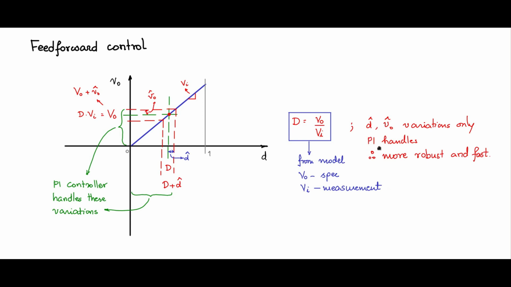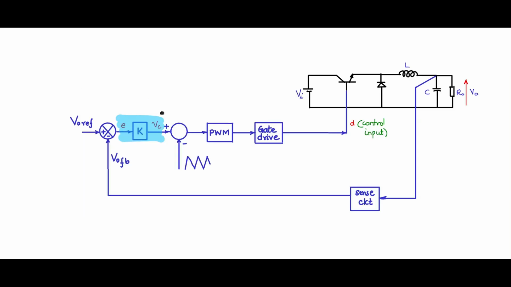So let us see how we include this feed forward term into our control. Let us now incorporate the feed forward part of the controller into this system. I have the controller as it is existing now.